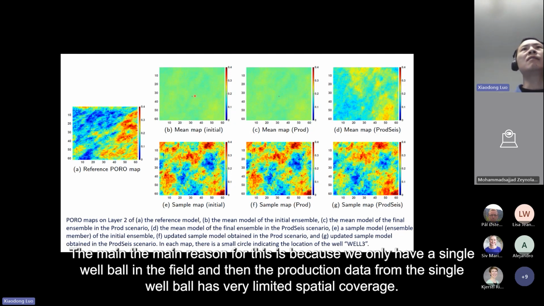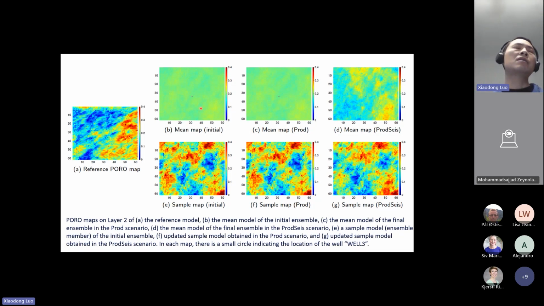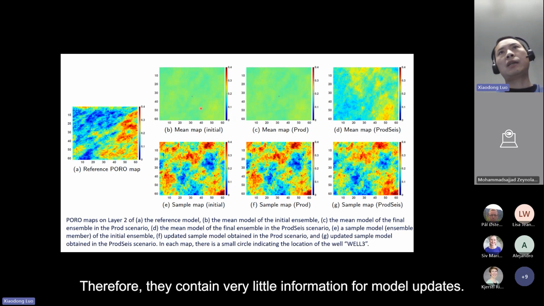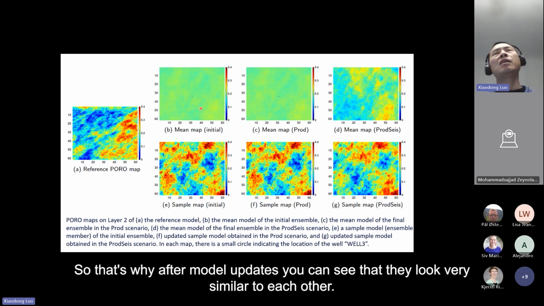The main reason for this is that we only have a single wellbore in the field, and the production data from this single wellbore has very limited spatial coverage. As a consequence, they contain very little information for model updates. So that's why after model updates, you can see that they look very similar to each other.